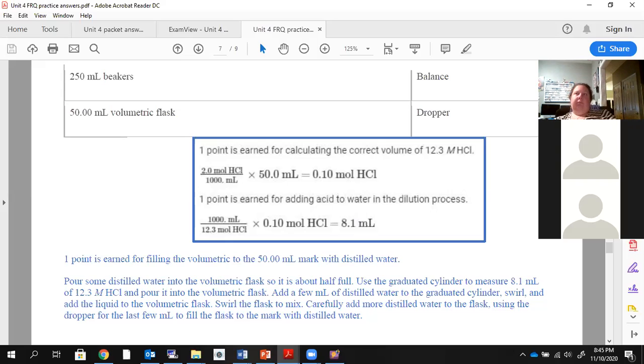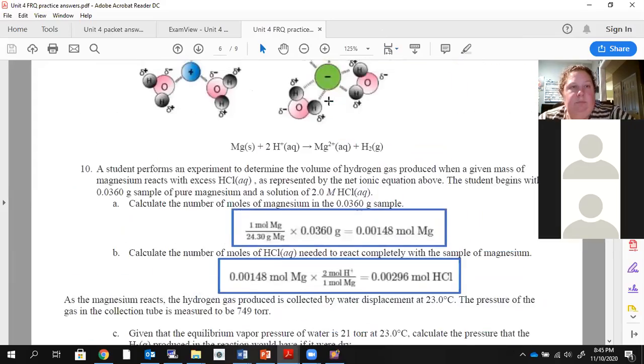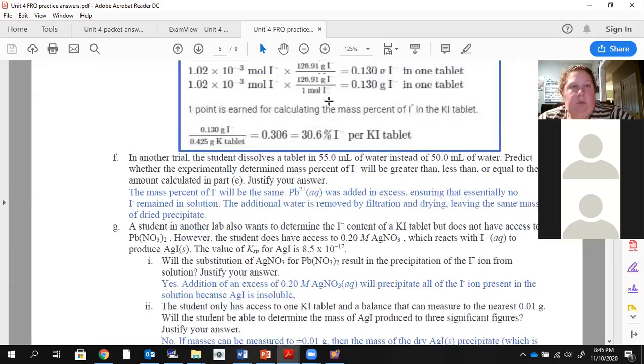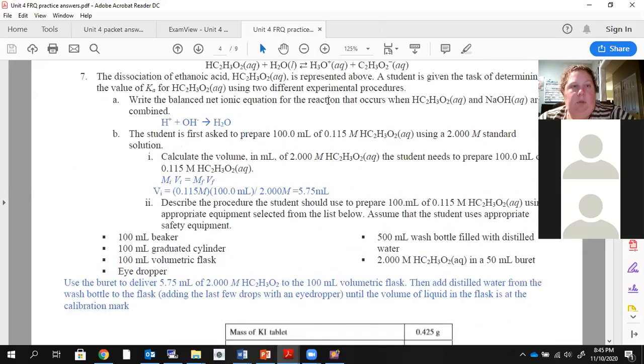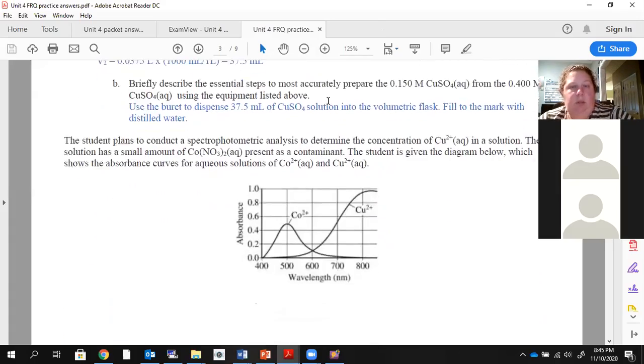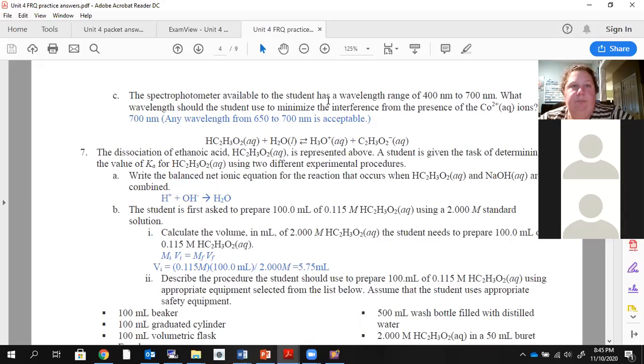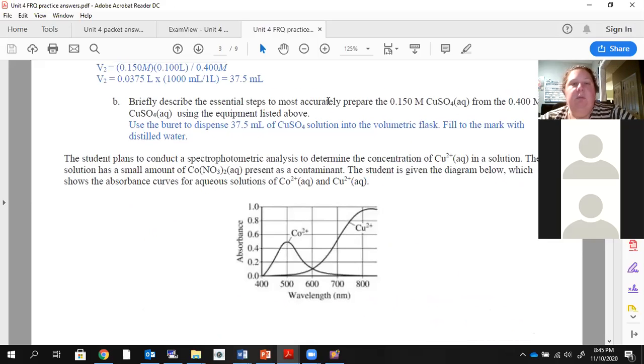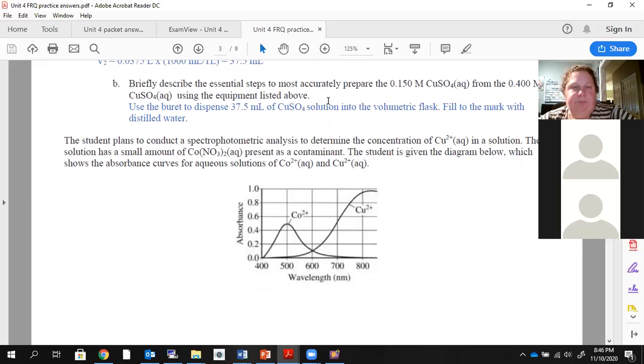And for question 6 on the free response, part C, 6C. Okay. What is it talking about with the interference? Okay. So Morgan, this is kind of what you were talking about before.